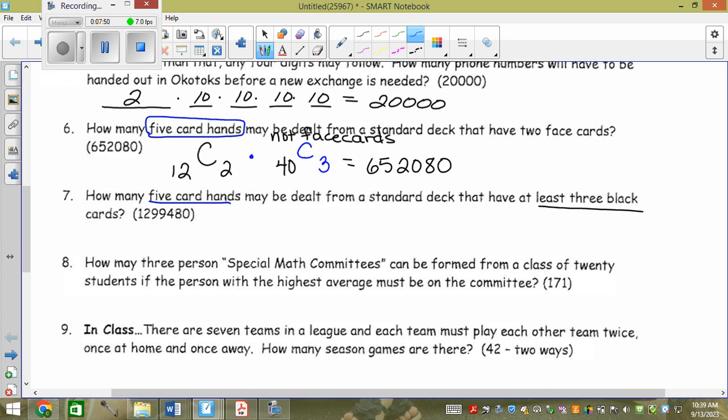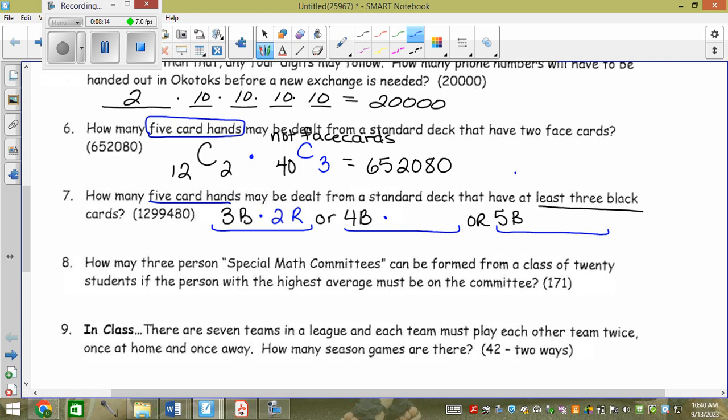So I need 3 black cards, or 4 black cards, or 5 black cards. And then this would be times 2. And then it would be not black. In this case, black is the opposite of red, so we can just say red.